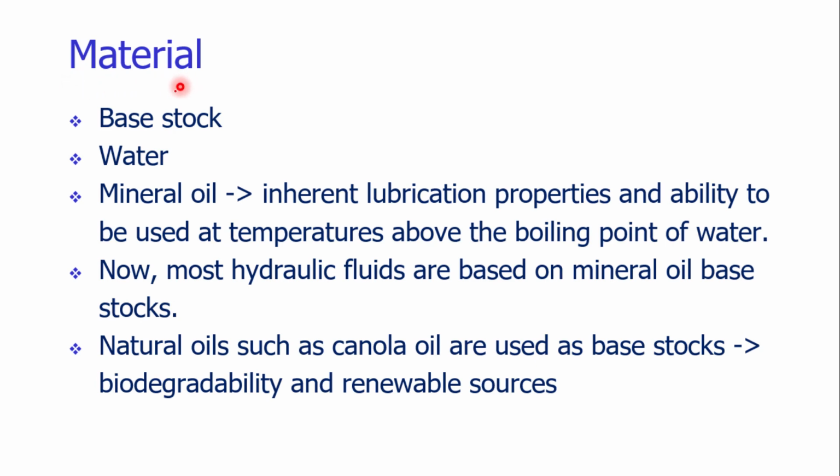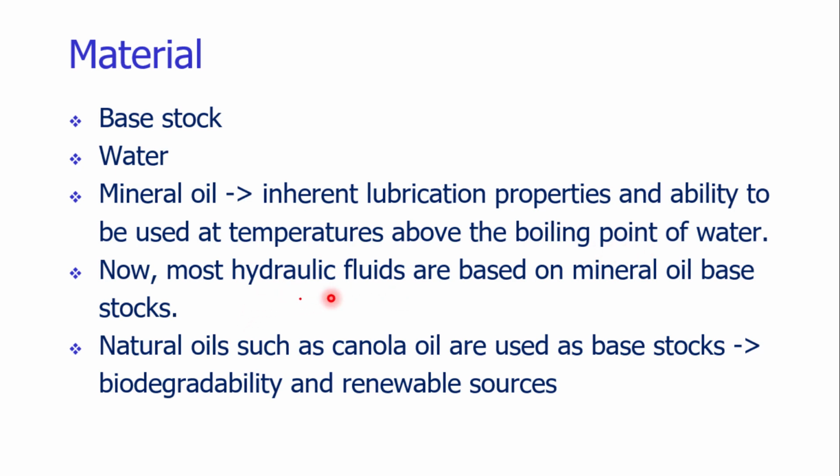The fluid material, as I mentioned, is the water. Earlier, when the hydraulic system started, people started using the water, but later they replaced the water as base stock with the mineral oil. The mineral oil has inherent lubrication properties, and we can use the mineral oil at temperatures above the boiling point of the water.